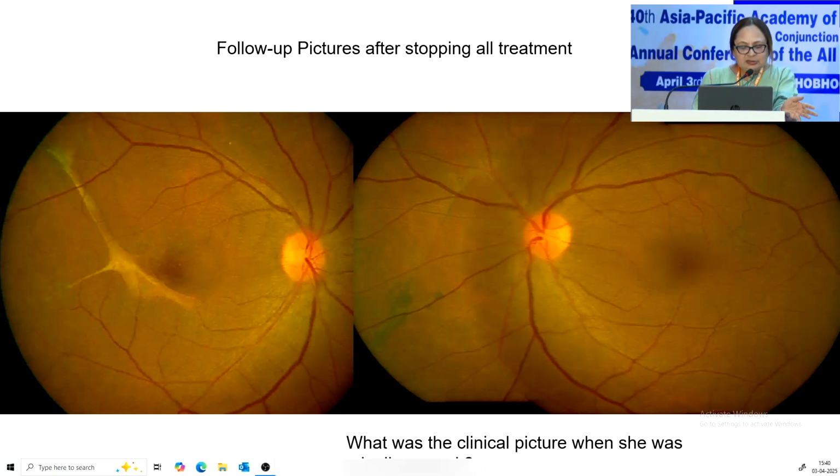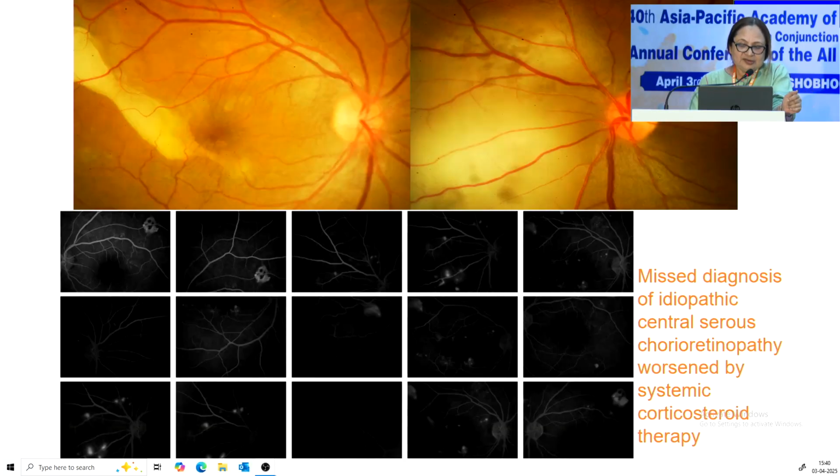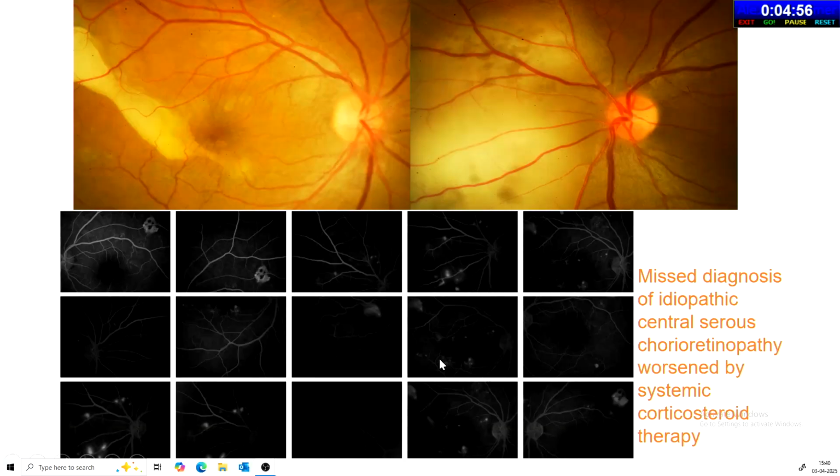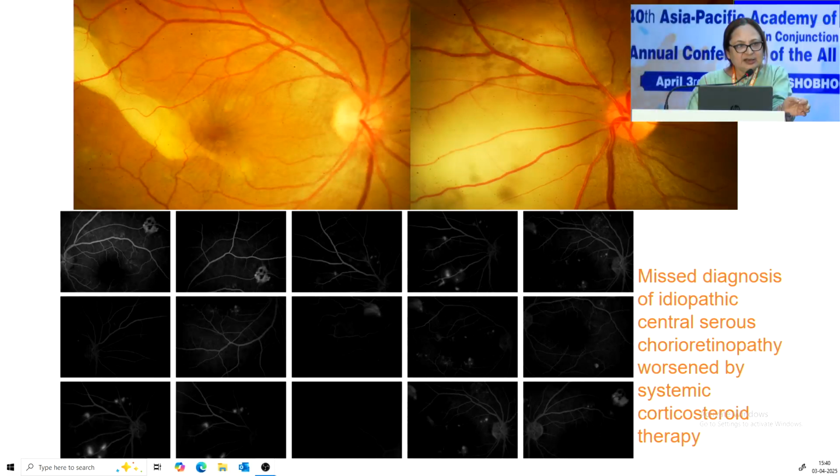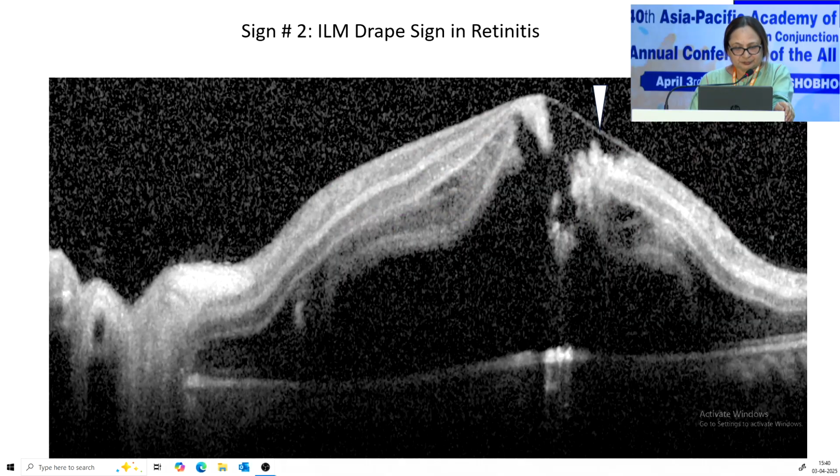So then I also wanted to look at what the clinical picture was. When was she misdiagnosed, or did she develop CSR after choroiditis? And this is the original picture. Actually, it was a straightforward multifocal CSR which had fibrin and which was misdiagnosed as choroiditis.